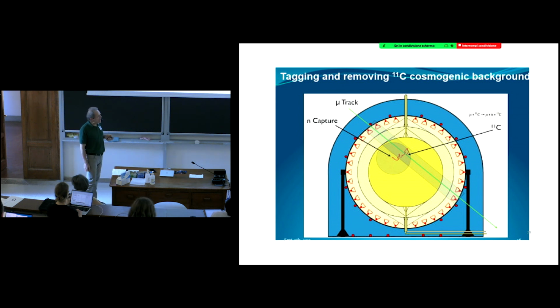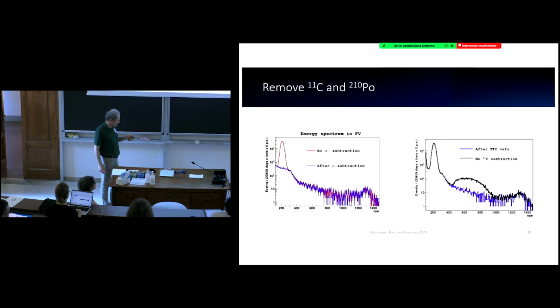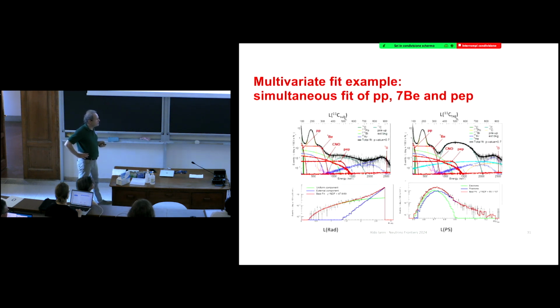The neutron will be captured by the detector in 300 microseconds, leaving the carbon-11 here to decay in half an hour. So one can tag the neutron capture because it emits a 2.2 MeV gamma, and so you have a threefold correlation which allows reducing the carbon-11 as you see in this spectrum. The reduction of carbon-11 allowed us to simultaneously study PP, beryllium-7 and PEP neutrinos.